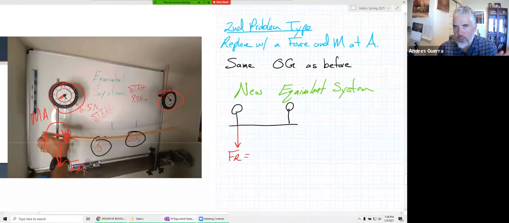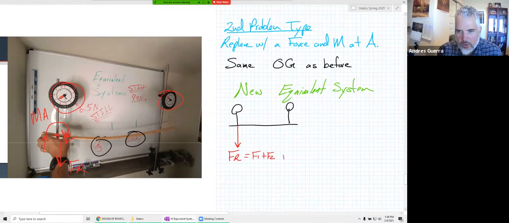Even though this is the second type of problem, FR is still going to be equal to F1 plus F2, and that's rule number 1. But now, what do you think would happen in this system if I put FR all the way over here at point A? Do you think I'd really have much of a support reaction over here at point B? Wouldn't it basically go to 0 if I moved just those forces right there?